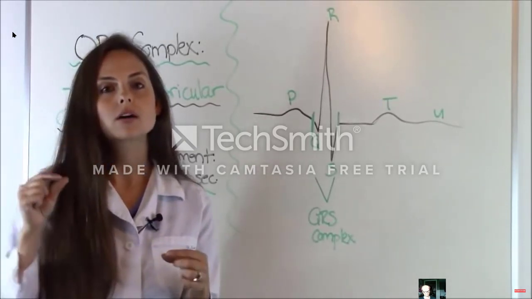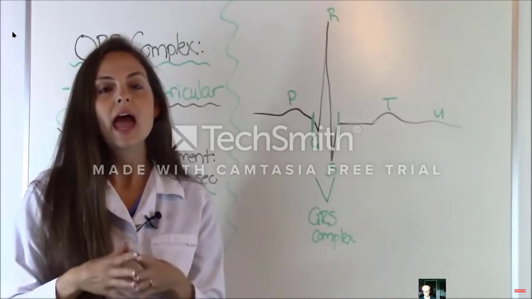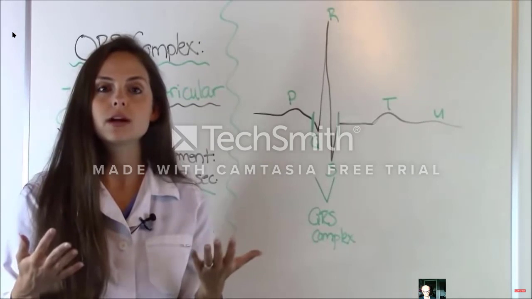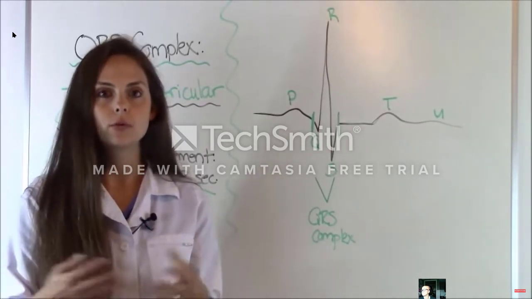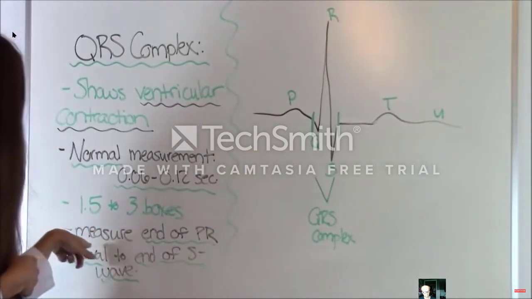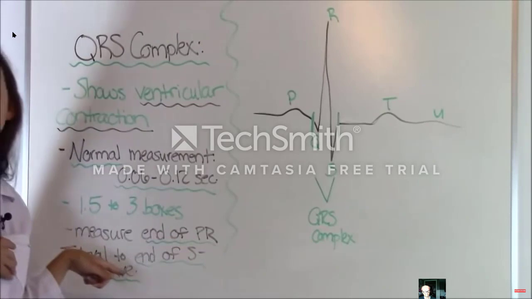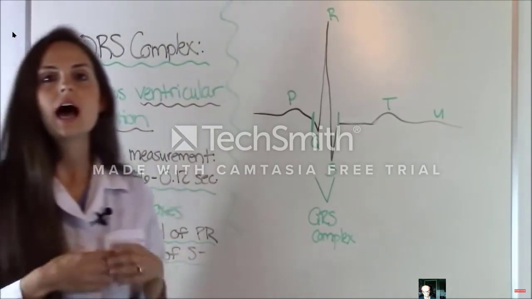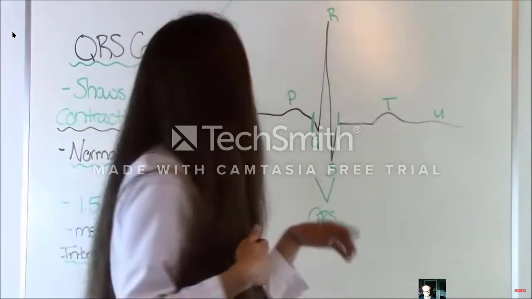Each little small box represents 0.04 seconds of time. And you want to measure for a QRS complex 1.5 to 3 of those for it to be normal. To measure that, you will start at the end of the PR interval to the end of the S wave. So let's look and see what a PQRS looks like.